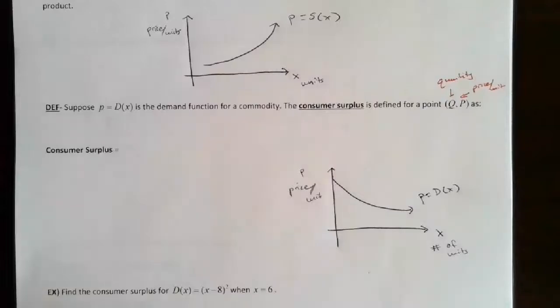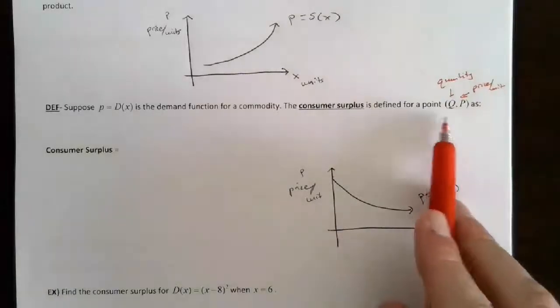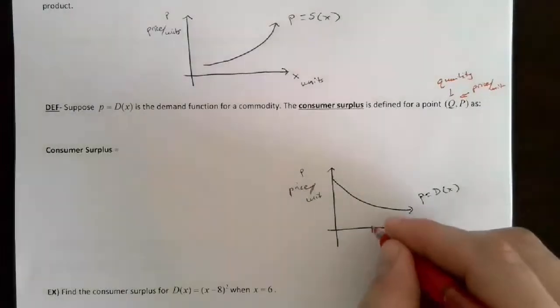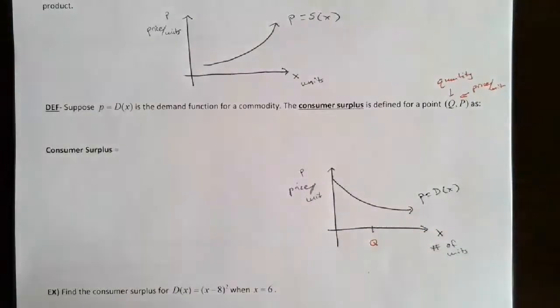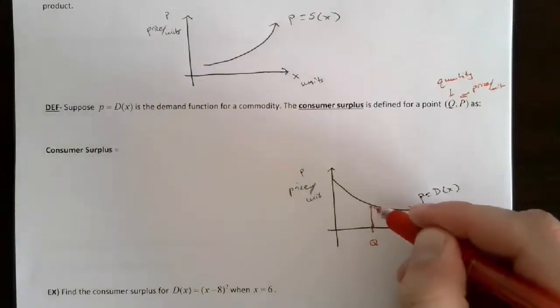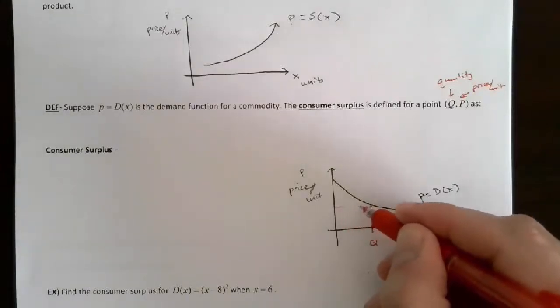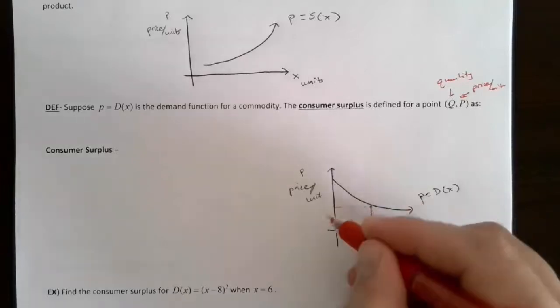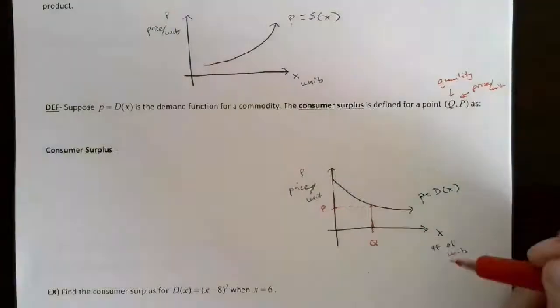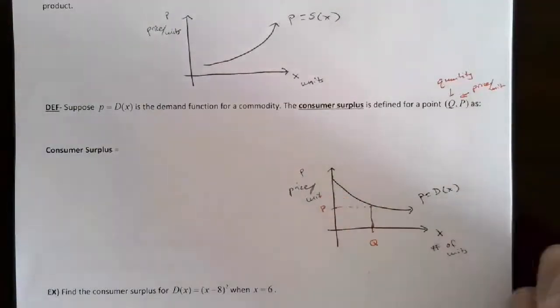Suppose that you were to go to some point Q comma P. So at some quantity Q, going up and following the value for Y that goes along with it, across from the point, would be some value capital P. So we have Q comma P. Remember, this is the number of units and this is the price per unit.